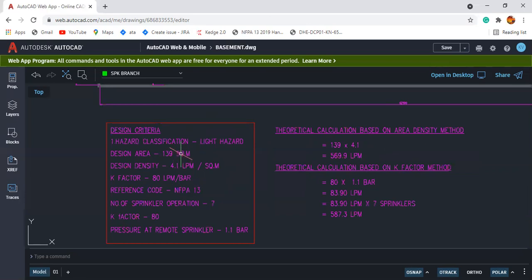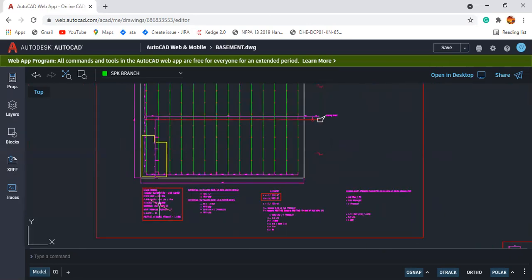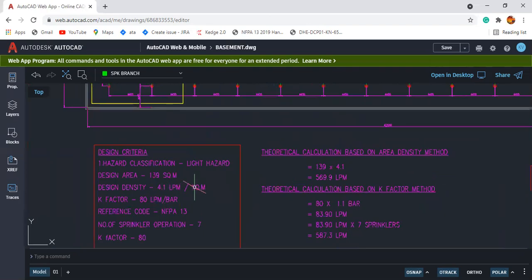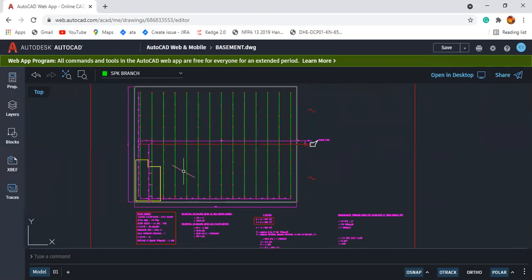First, as I said earlier, the hazard classification is light hazard. I designed the sprinkler system based on light hazard spacing. Everyone knows what light hazard is. Now, what is design area? During a fire accident, here is the total number of sprinklers available. But not all sprinklers need to activate during a fire.